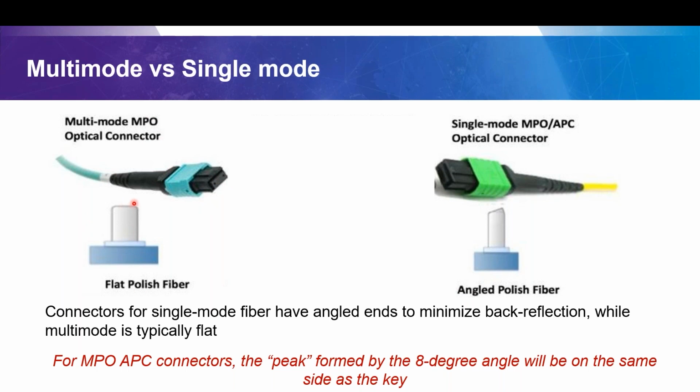And that's what it would look like if you looked at it from the side, just flat on top, 8-degree angle on that one. One other little note here is that when the fiber is angled like that, the angle is going to be where the key is. On that last slide, I showed that there's a key on the top there. That's the way the angle is going to be, on the same side as that key.